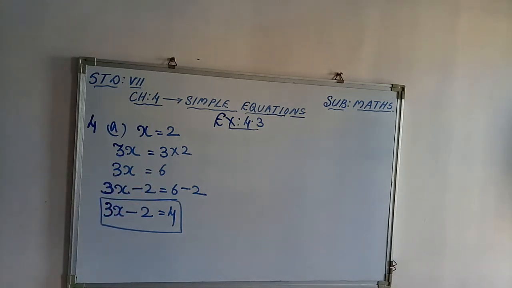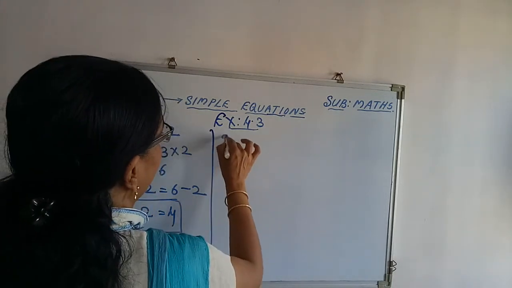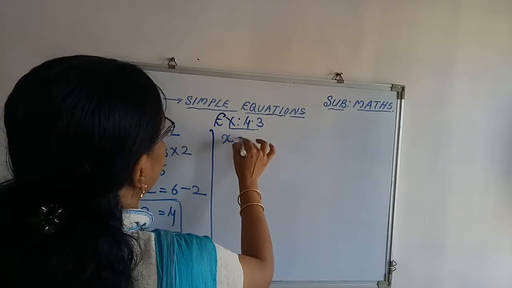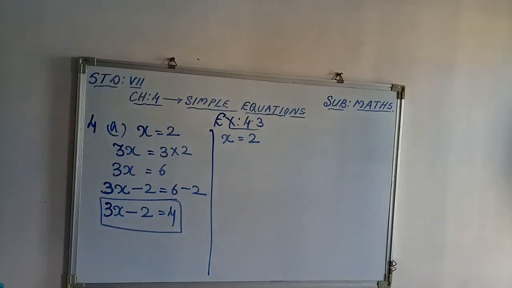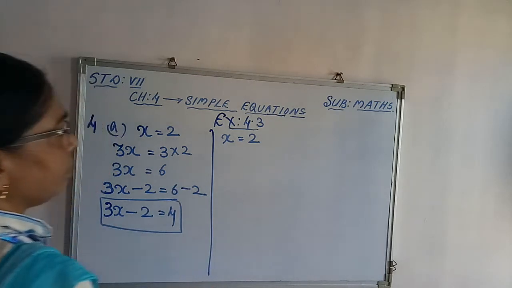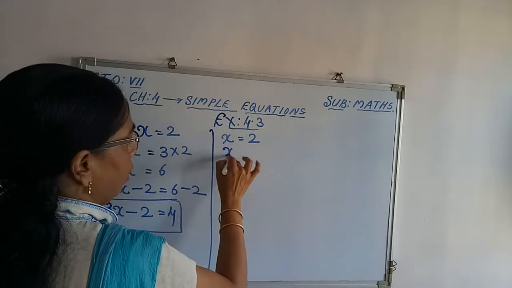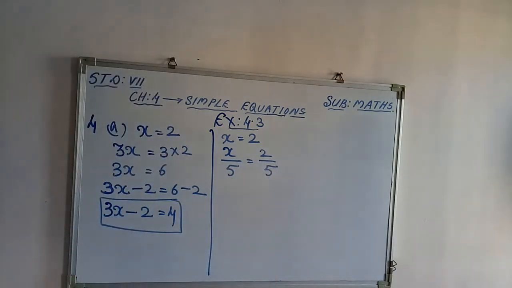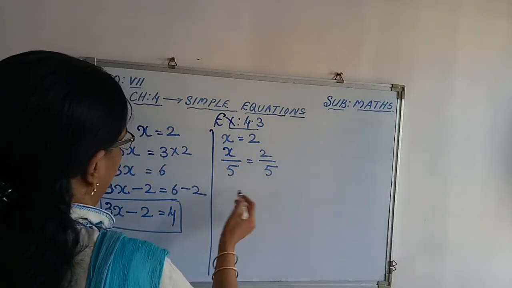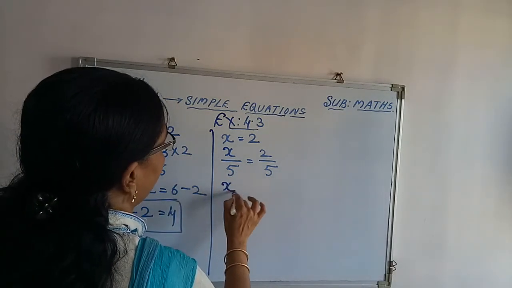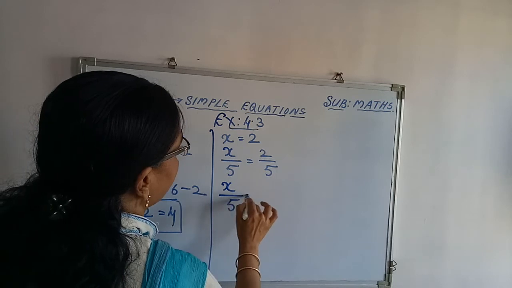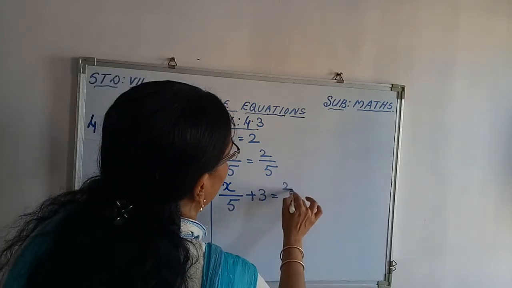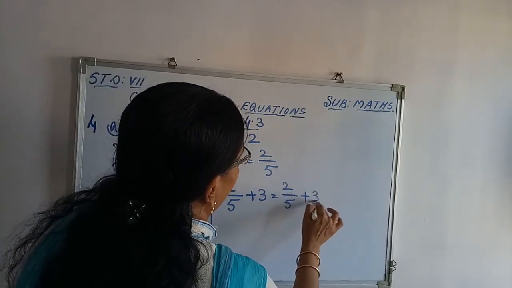Okay, now next, three equations we need. So the second one, let me see. x is equal to 2. Now I am going to divide both the sides by 5. x upon 5 is equal to 2 upon 5. Now add 3. x upon 5 plus 3 is equal to 2 upon 5 plus 3.